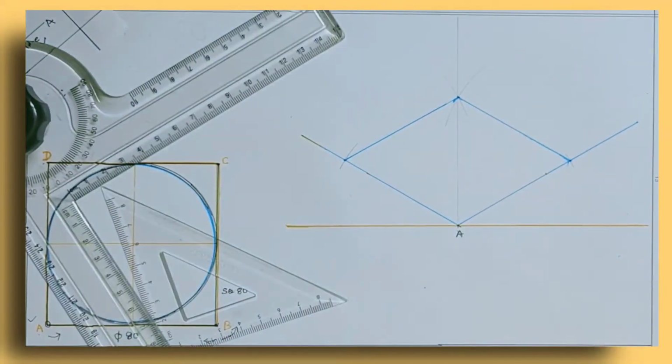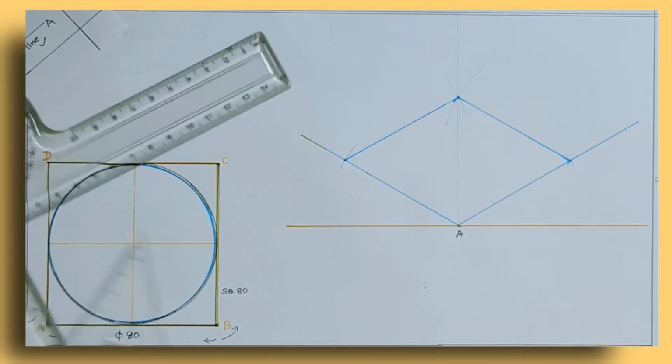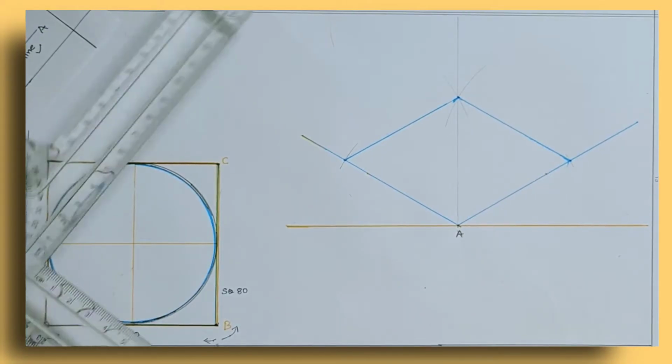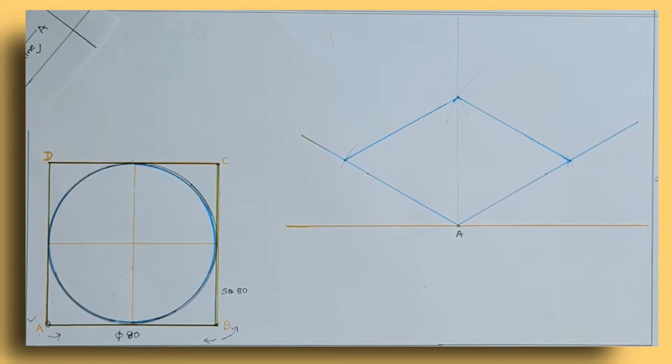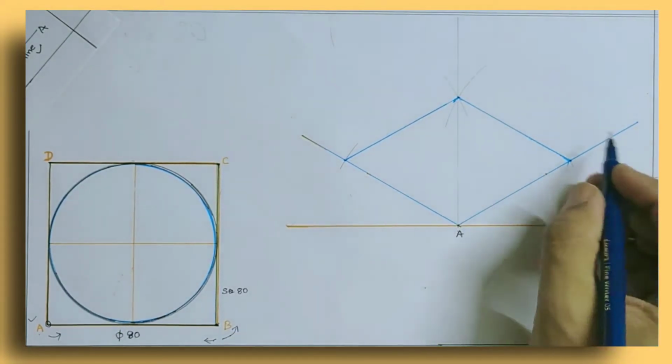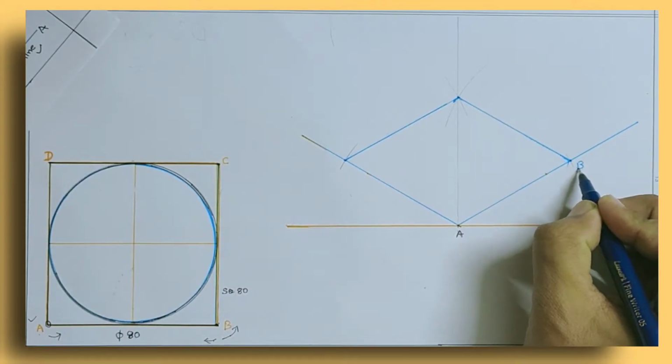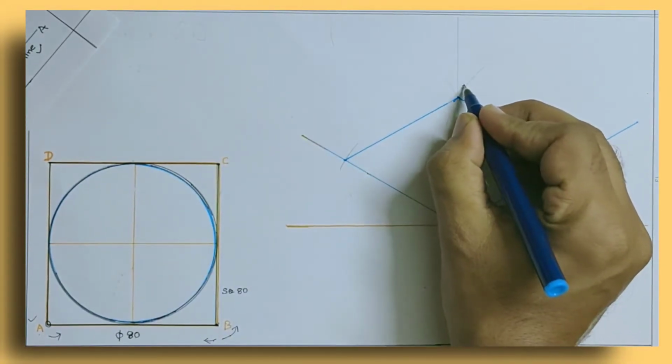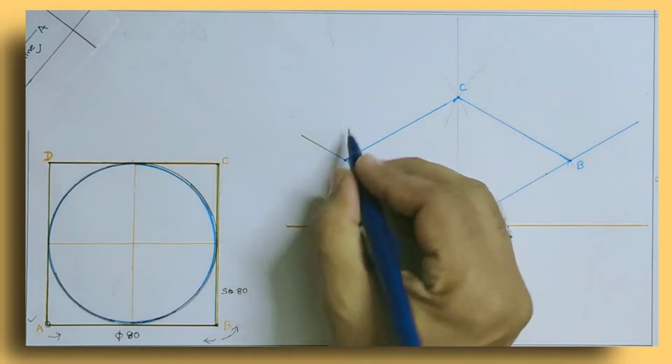Now, let us name these points first. So this is A. I'm taking A as the reference here. In that case, you will be getting point B onto the right side. This is point B, then C, and then D.